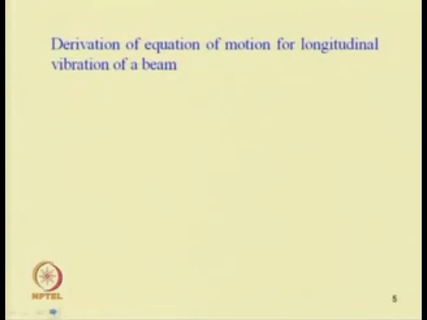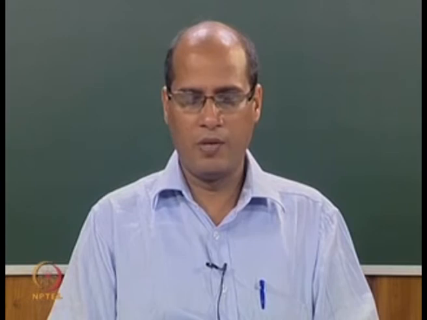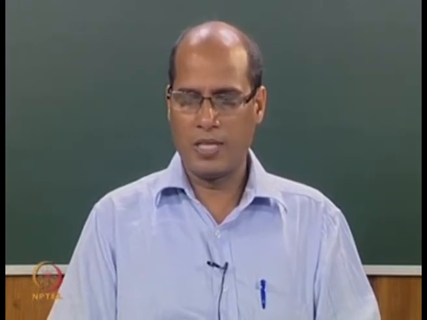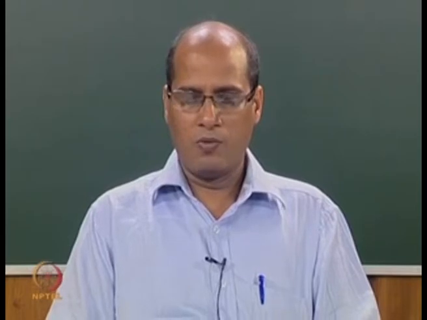We will derive the equation of motion for the longitudinal vibration of the beam, then go for the Euler-Bernoulli beam, then make that equation of motion nonlinear, and take several examples to derive the equation of motion for nonlinear systems. Then we will see some exercise problems, and also study the ordering technique.